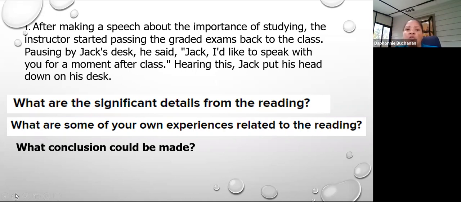What are some things that you can type into the chat that make the significant details in this text come out? What are the significant details? Can anybody still see that? So if you'll type your answers into the chat, what are the significant details? What are the big things?